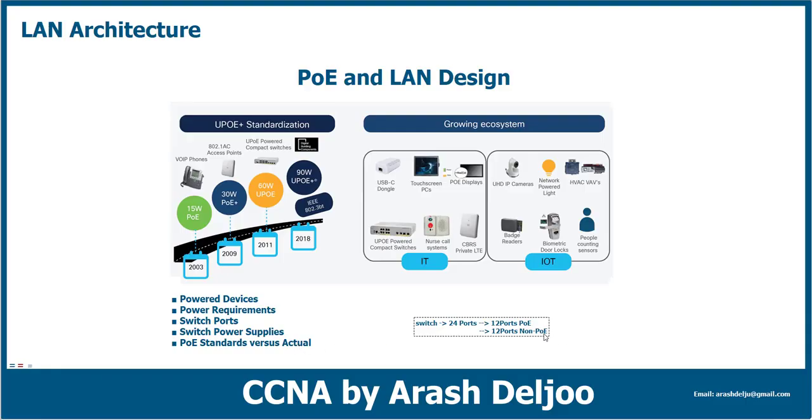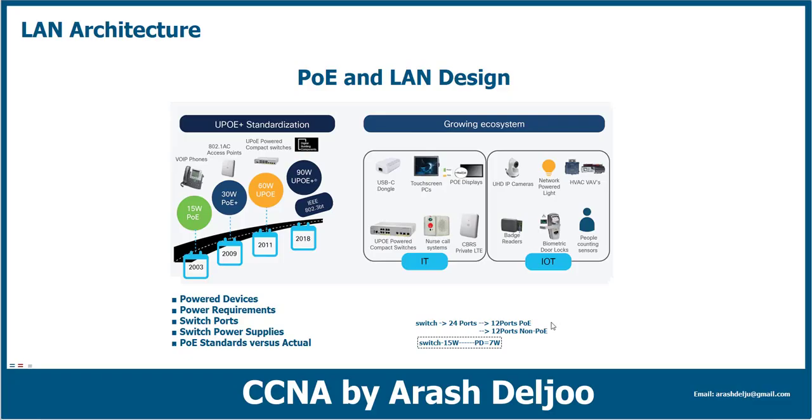What is the meaning of the actual power requirement? You know that, for example, we have a switch with PoE capability, meaning 15 watts, okay? The port of this switch can supply 15 watts, but our device, our PD, only needs 7 watts. It's okay. We can supply less than the maximum available power on one port.